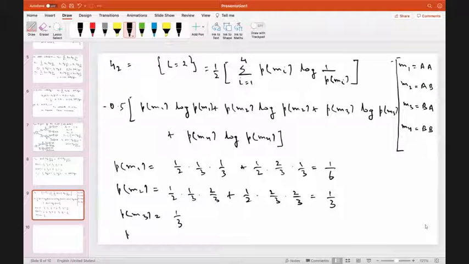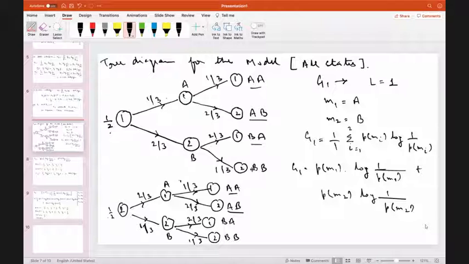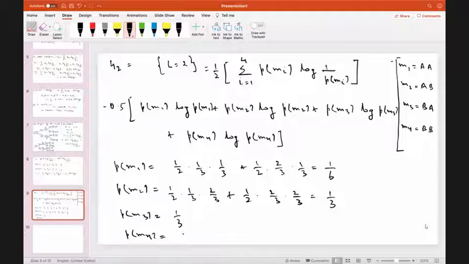And P(M4), that will now be the probability for this and for this. And that will come out to be the same as probability for AA, and that will be basically 1 upon 6. So if you put them in this formula and you evaluate, then you'll get some value.